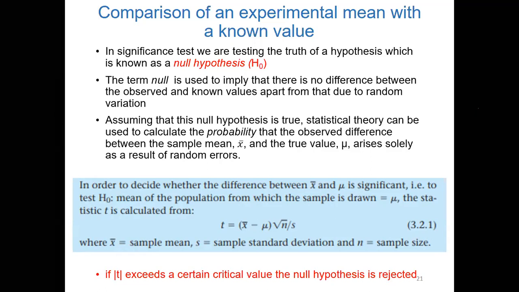That critical value we find from a t-test table. If the value exceeds that critical value, we reject the null hypothesis that we created at the beginning. If not, we keep the null hypothesis.